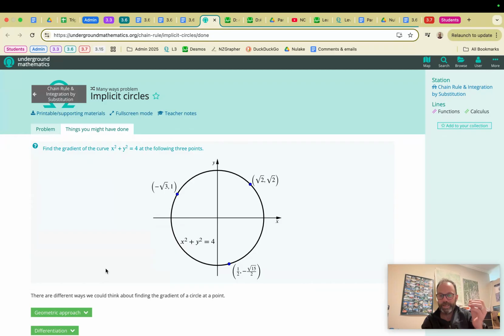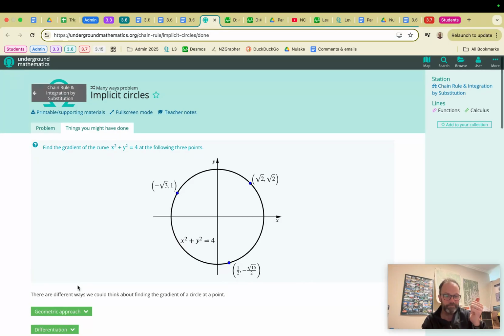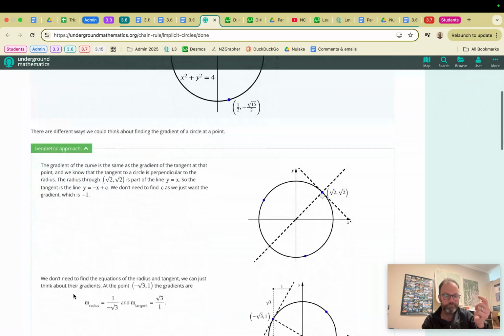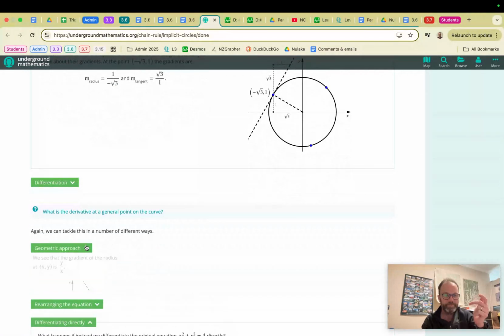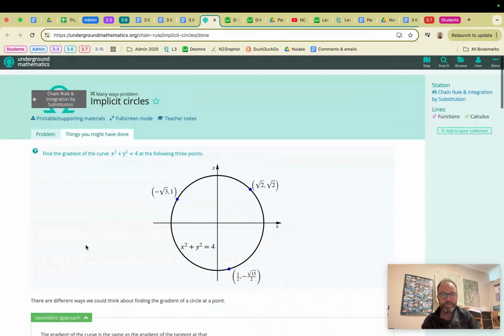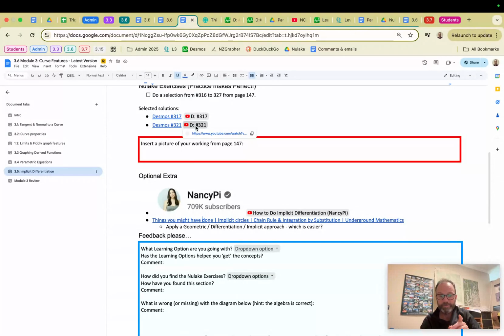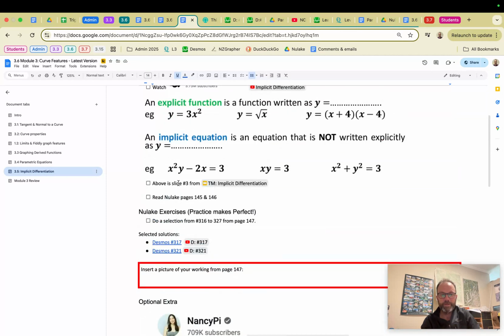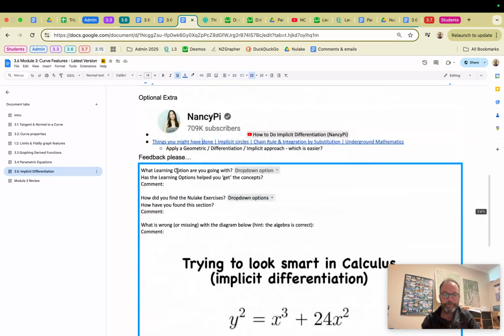So the challenge here is, how do you do this in three various ways? You might come to the conclusion that implicit differentiation is actually the easiest. Geometric differentiation, implicit approach, which is easier? Once you've cottoned on to the key skill set, how do you differentiate an expression like that with a y in it? Okay, you're away.